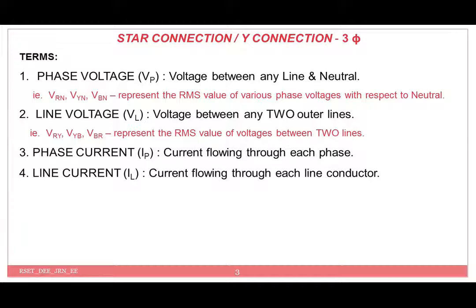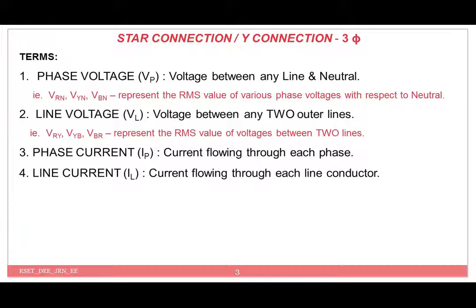So the first line voltage can be written as VRY, followed by VYB and VBR. According to double subscript notation, we write 2 letters at the foot of the voltage symbol, VRY, VYB and VBR, and those represent the RMS values of line voltages, and line voltage is represented as V subscript capital L.